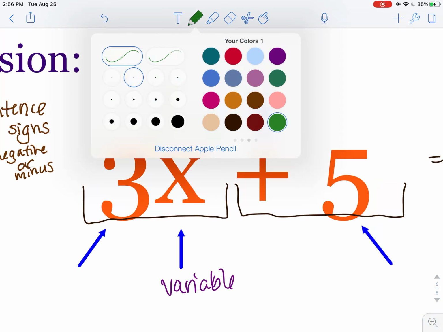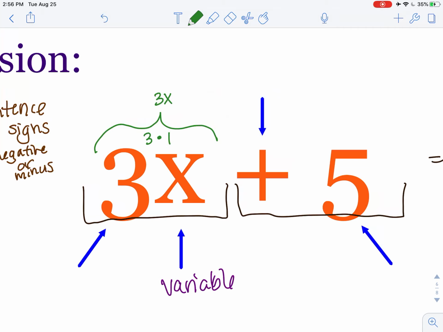But if I said, okay, x equals 1, you would say 3 times 1, and that term would now equal 3. If I said x equals 2, you would say 3 times 2, and now this would be 6 plus 5. If I said x equals 3, you would say 3 times 3, and this would be 9 plus 5. If I said x was 4, you would say, okay, so now this is 12 plus 5.